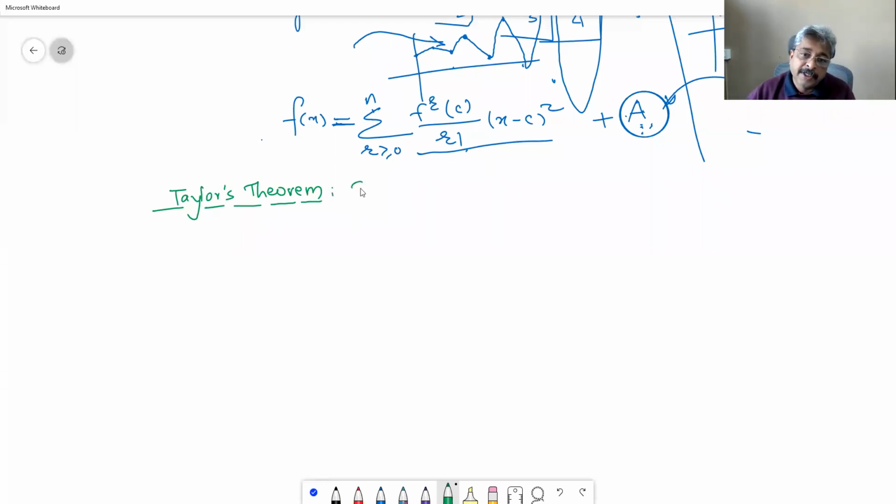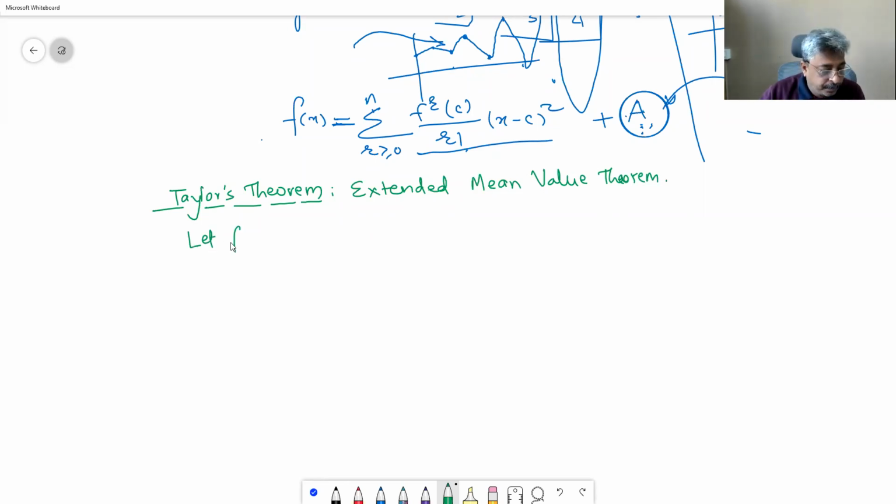It is also called extended mean value theorem. Let f be a function from a to x.